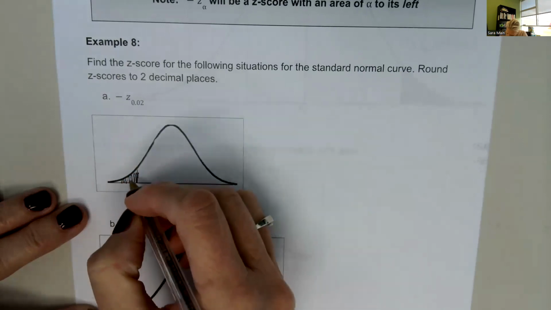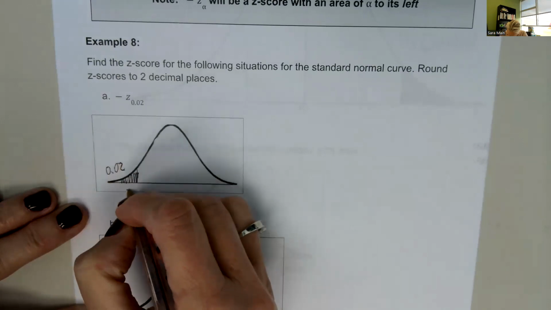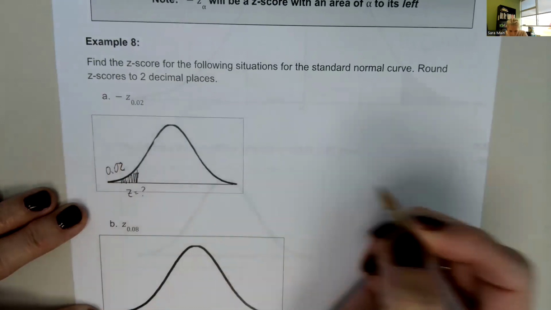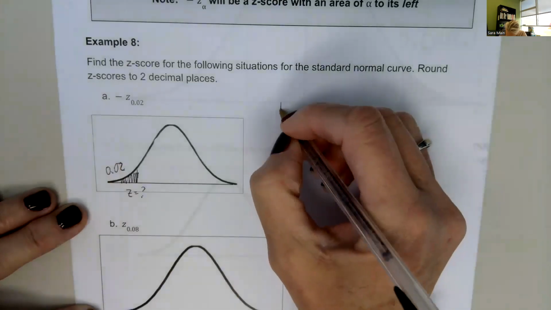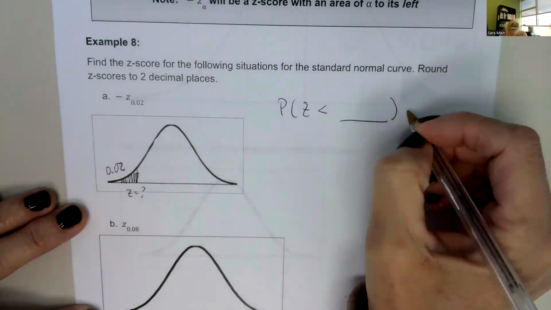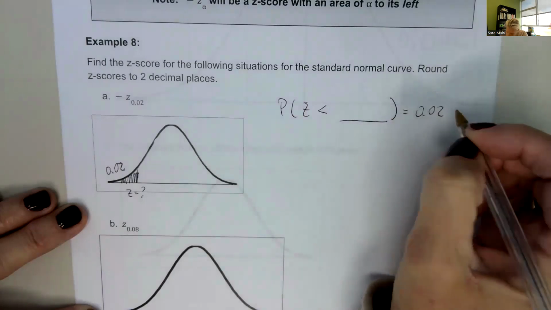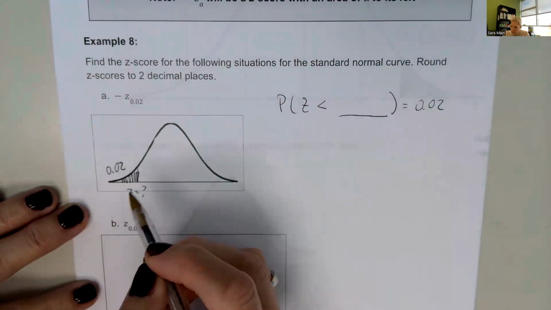So we want to know this, where the area is 0.02. So we want a z that's less than something that's equal to 0.02. And it's less than because it's the left tail, okay?